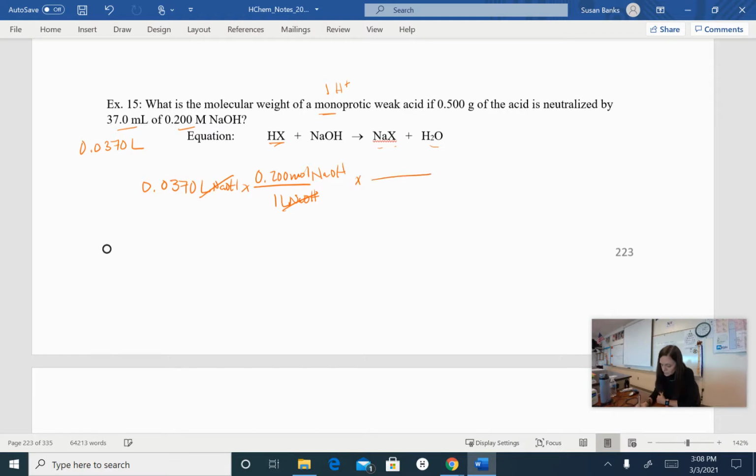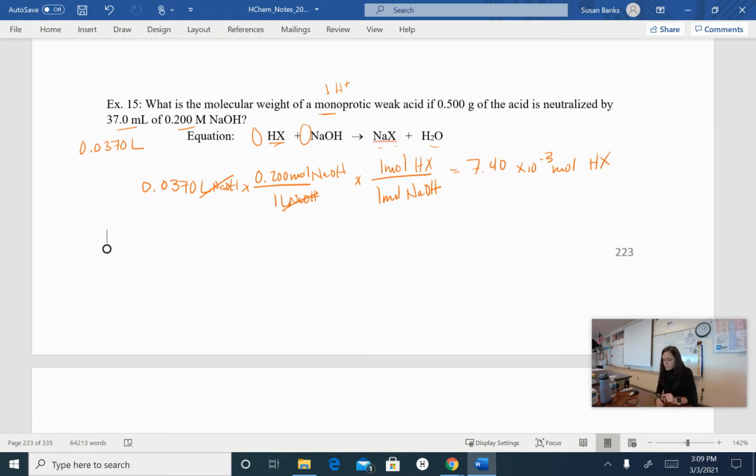Now I'm going to look at my relationship. I have 1 mole of sodium hydroxide reacting with 1 mole of that acid, HX, right? Okay, so this gives me 3 sig figs. So this gives me 7.40 times 10 to the negative 3 moles of HX.